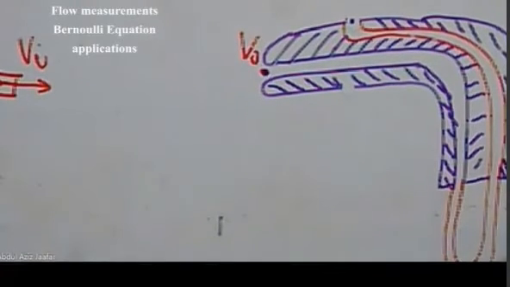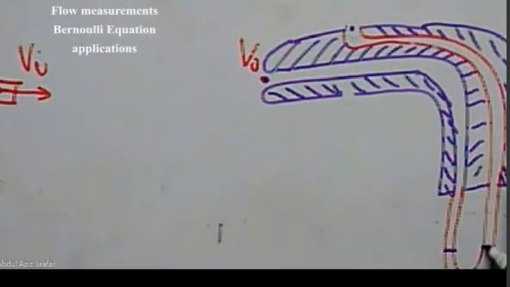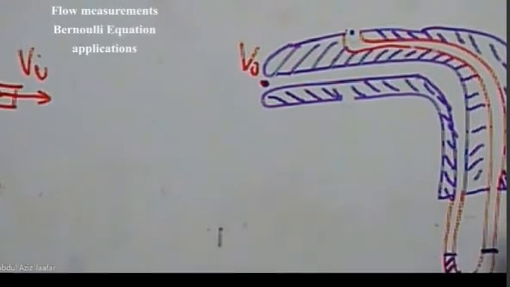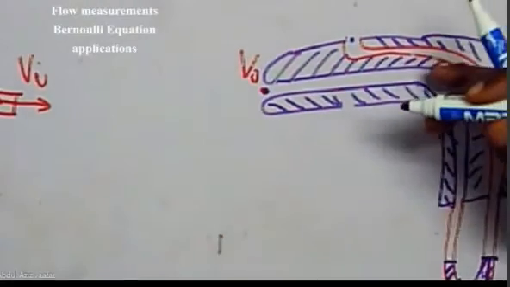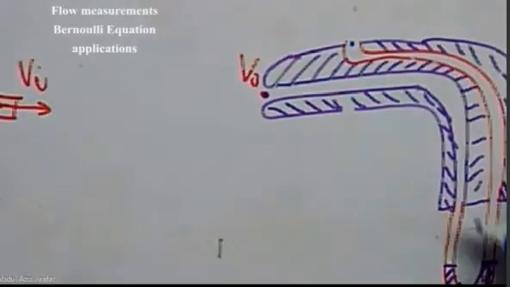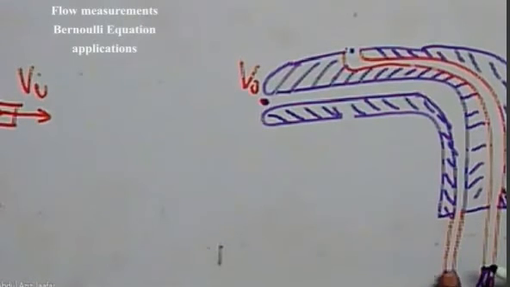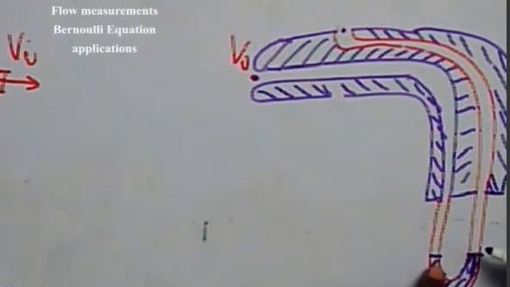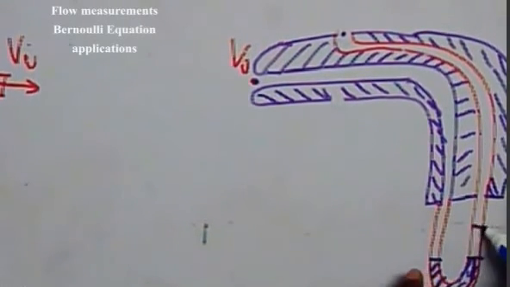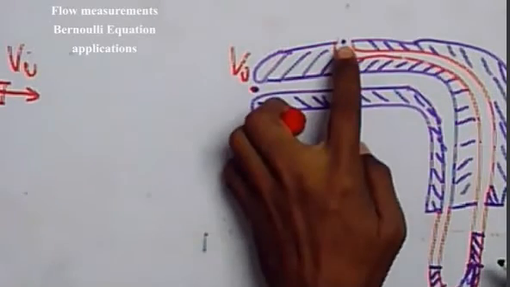Initially the fluid is at the same height. Then we place this probe inside the fluid flow. Because of the pressure here, it will push the fluid downward, so that this one is raised up, because the pressure here is much higher than there.